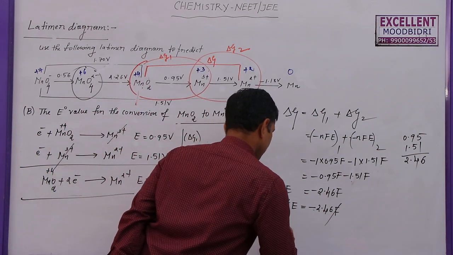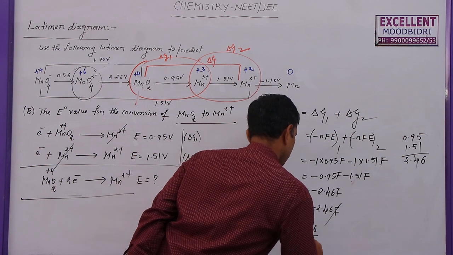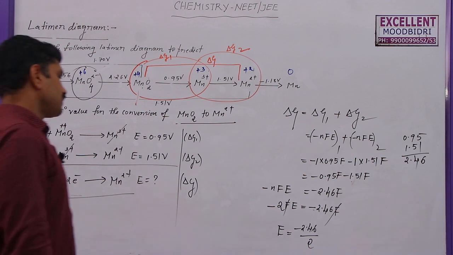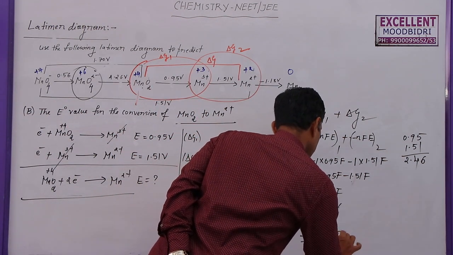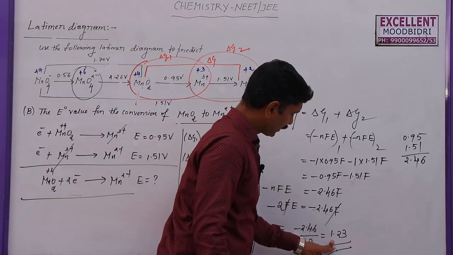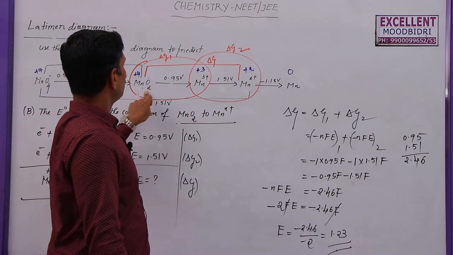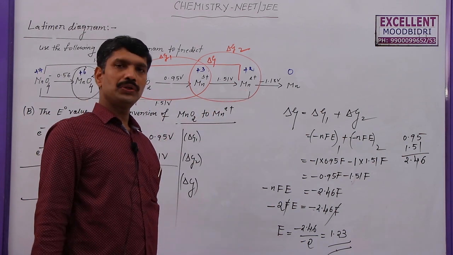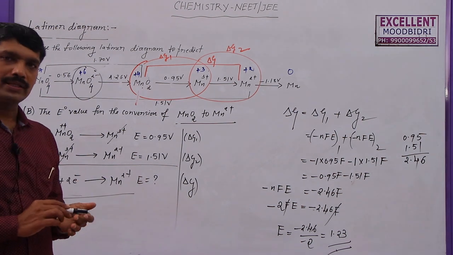Then we get E is equal to 2.46 divided by 2, so the final answer is 1.23. This is the electropotential required for the conversion of MnO2 to Mn2+, 1.23. These types of problems are important for competitive exams. Thank you.